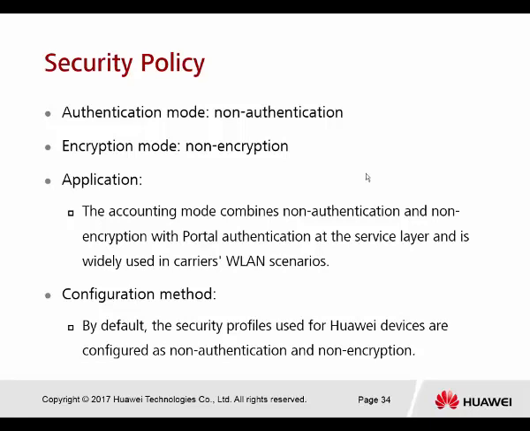This mode combines non-authentication and non-encryption with portal authentication at the service layer, and is widely used in the carrier WLAN scenario. Configuration method: by default, the security profile used for the Huawei device is configured as non-authentication and non-encryption. So this one we have to take note of. By default, all the security profiles are no authentication, so remember to change it.